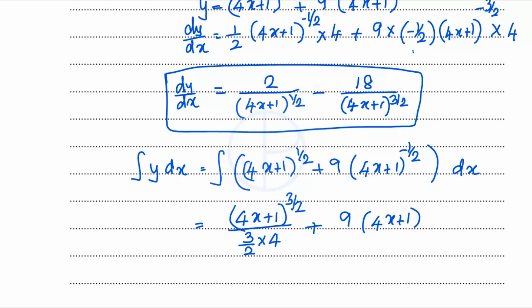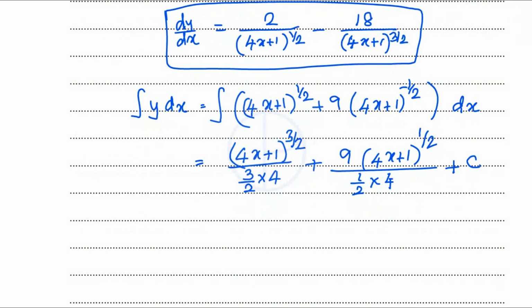Increase the power by 1 gives 1 over 2, divided by the power 1 over 2 multiplied by the coefficient of x 4, plus the integration constant c.